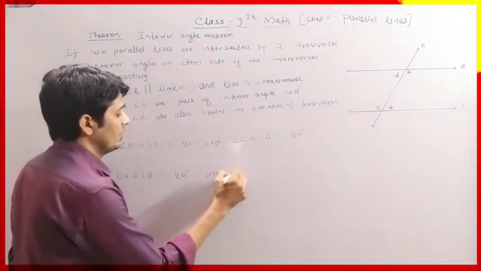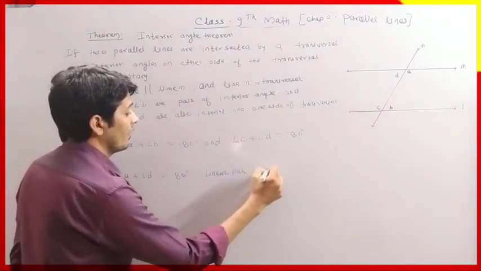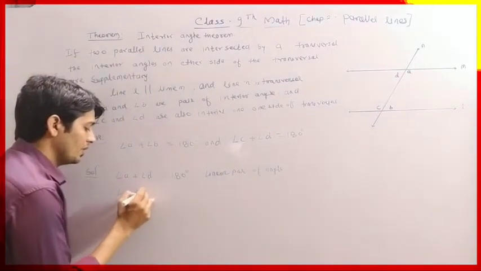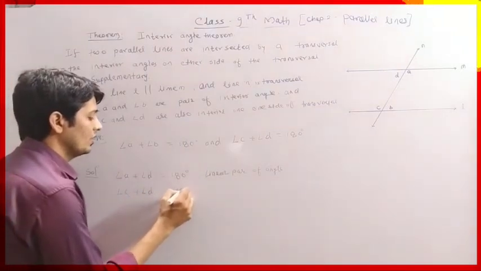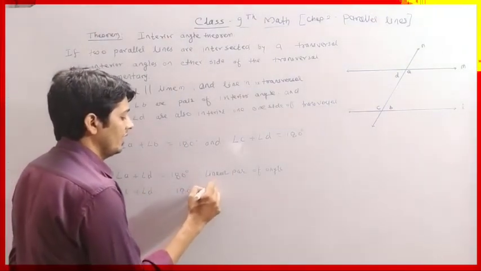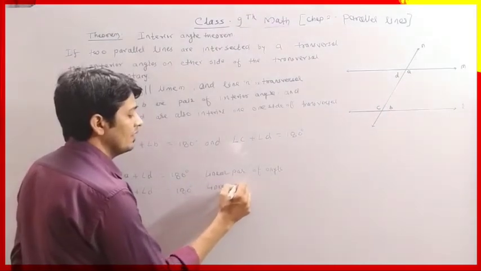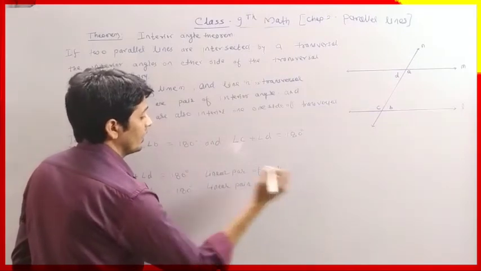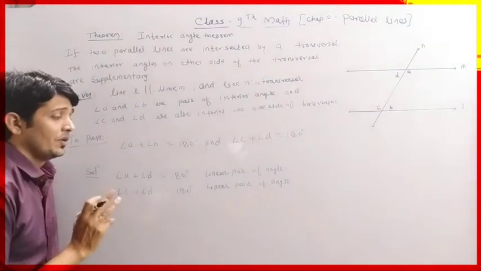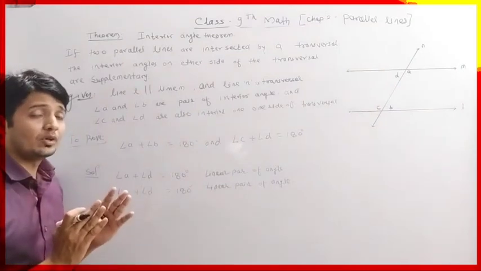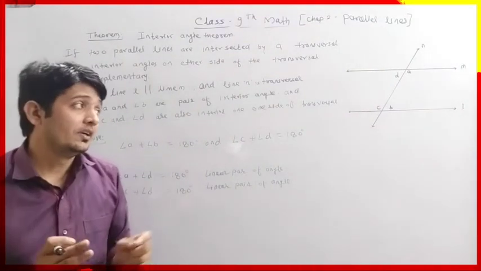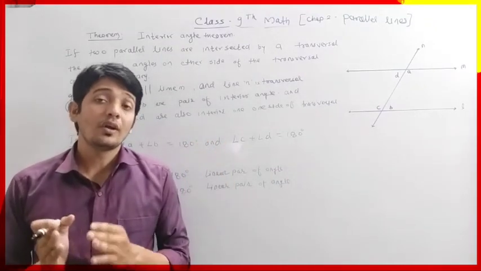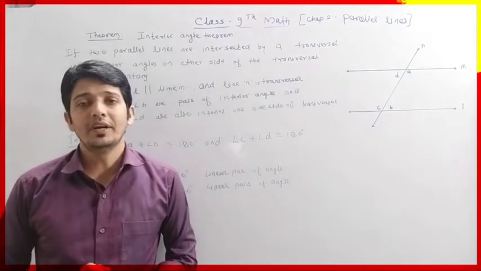Linear pair of angles, as well as angle C plus angle D is again 180 degrees by linear pair of angles. See, now we have to check 2 or 3 different conditions, whether the sum of angle A and angle B is equal to 180 degrees, or less than 180 degrees, or more than 180 degrees.